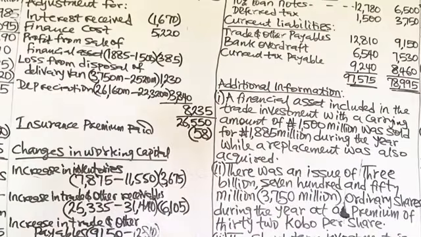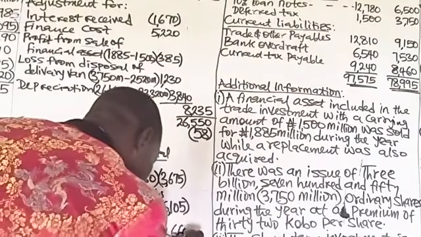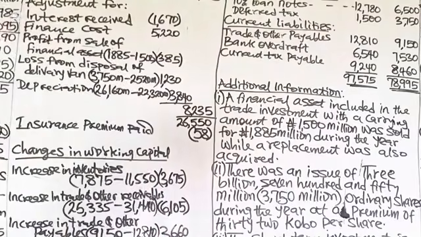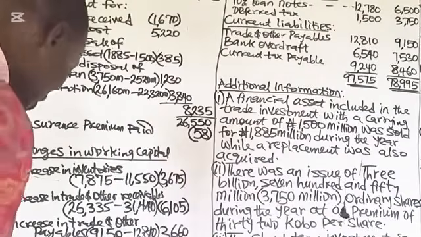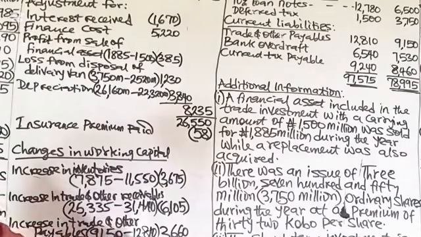So how much is the increase? 9,150 minus 12,810. Then you have increase of 3,660. If liability is opposite the asset, increase in asset is minus, that means increase in liability will be plus.